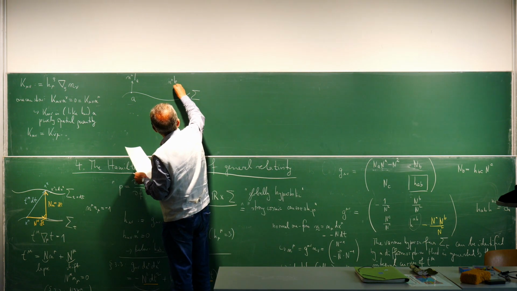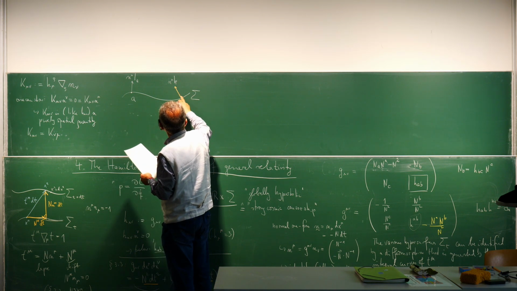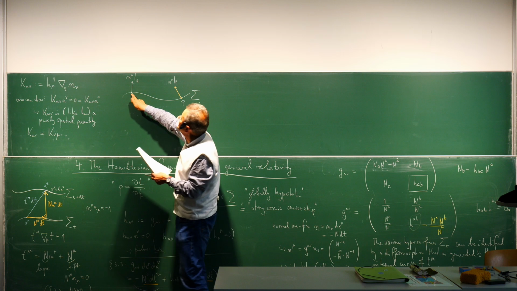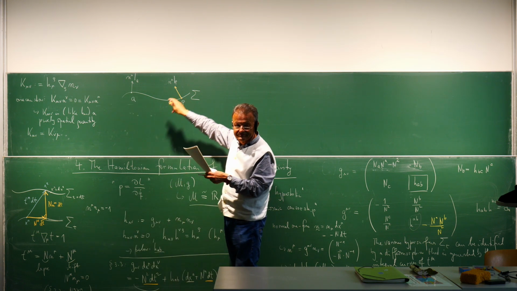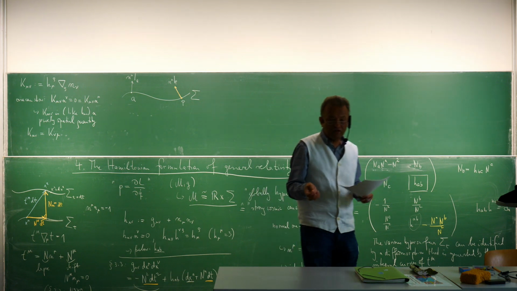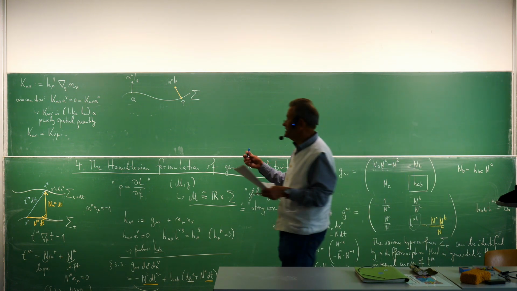Now you can have at point P also a separate vector. You can parallel transport this one to here by the usual procedure of parallel transport in general relativity or in geometry.